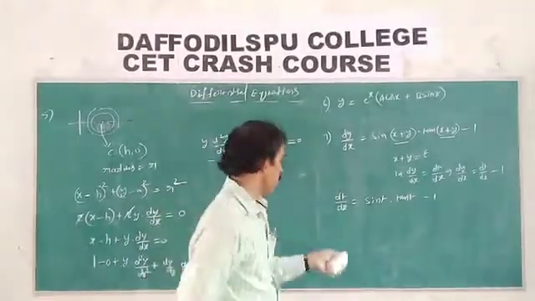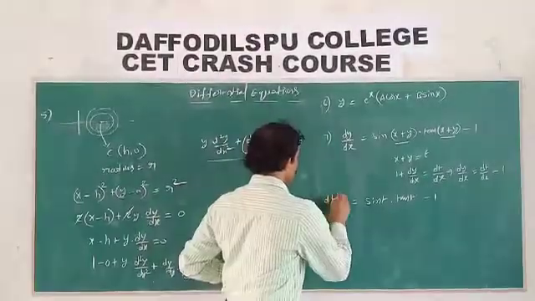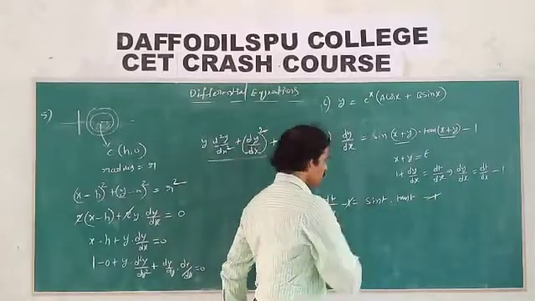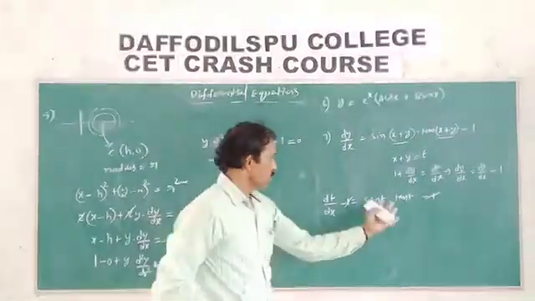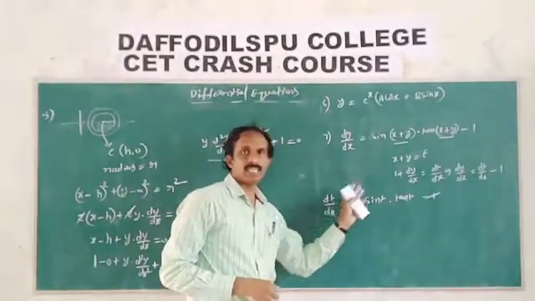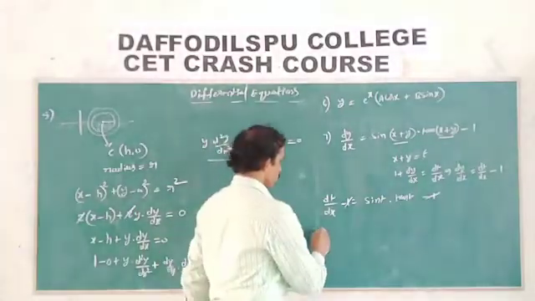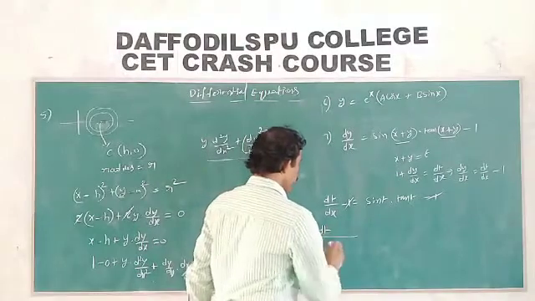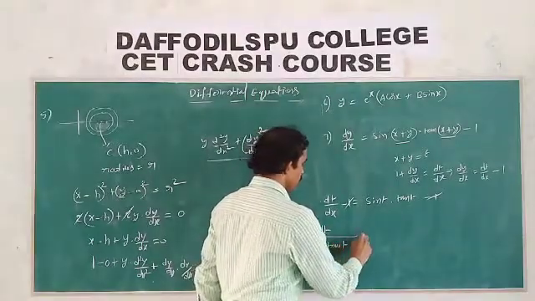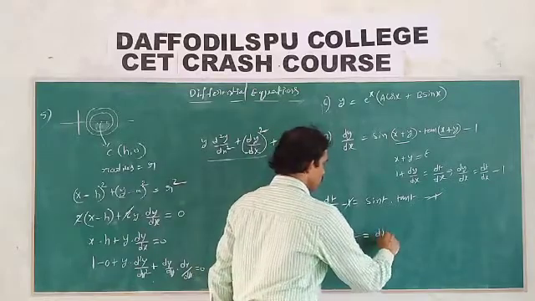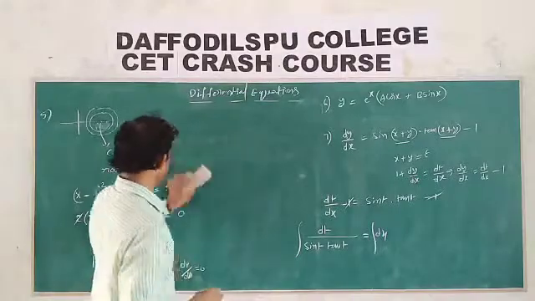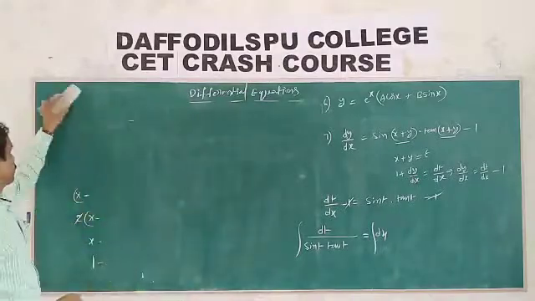Okay, dt by dx minus 1. Minus 1 cancels. So dt by sin t tan t, separate dt and dx to each side. Therefore 1 by sin t tan t dt equals dx, and take integration on both sides.